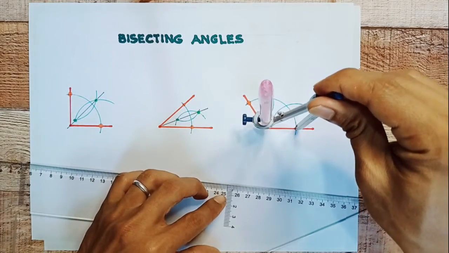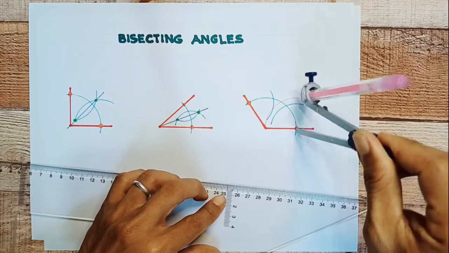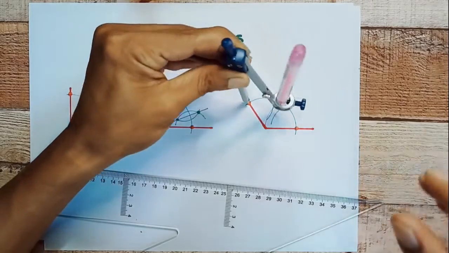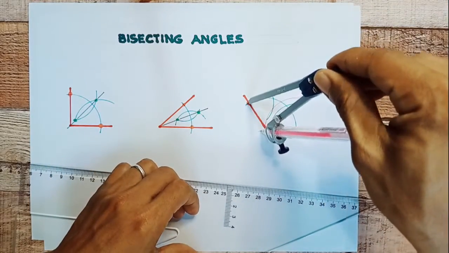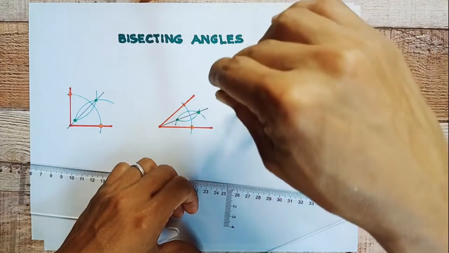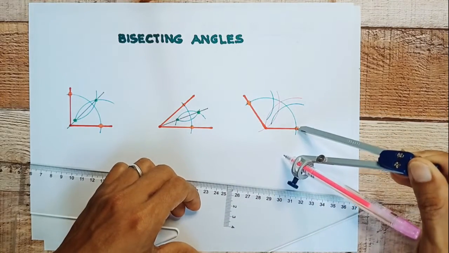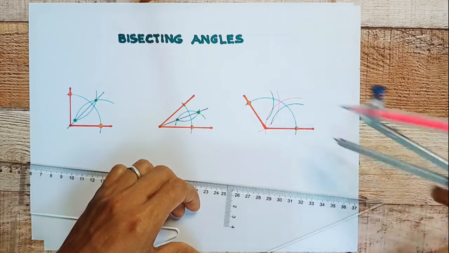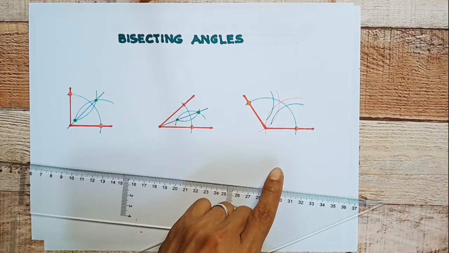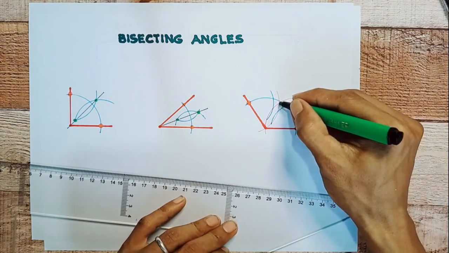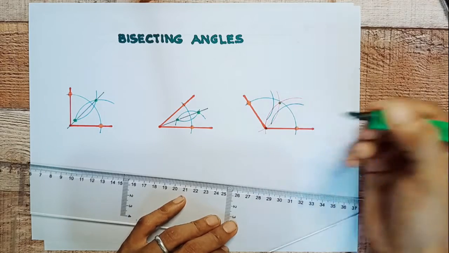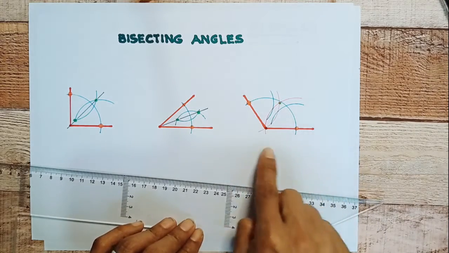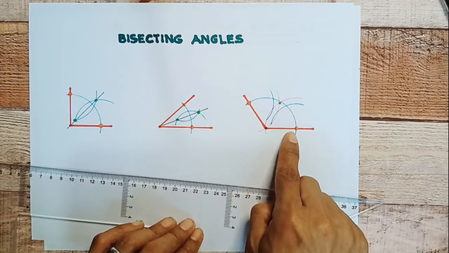Score the arc. That's one. And the other one would be here. Let's score it there. So there. See, now we have the points of intersection for our obtuse angle, which measures more than 90 degrees.